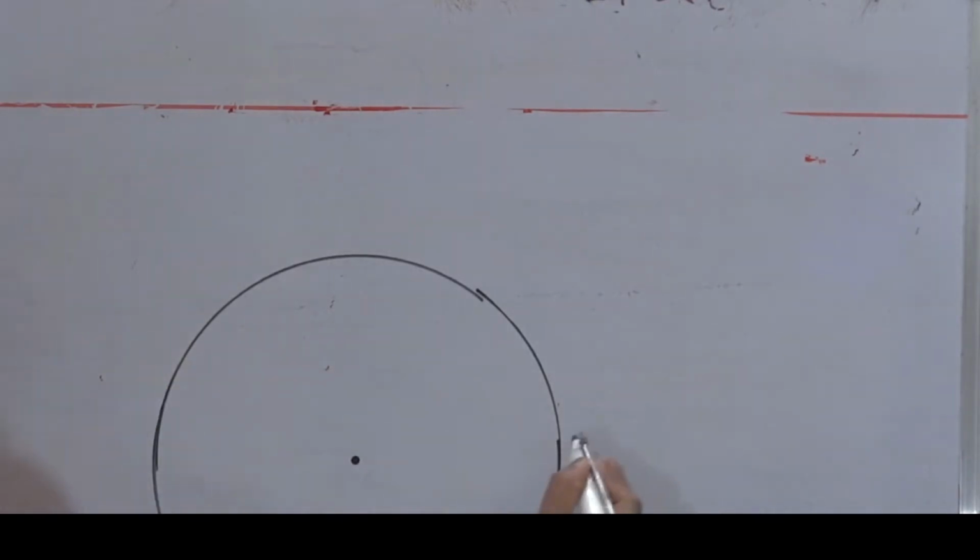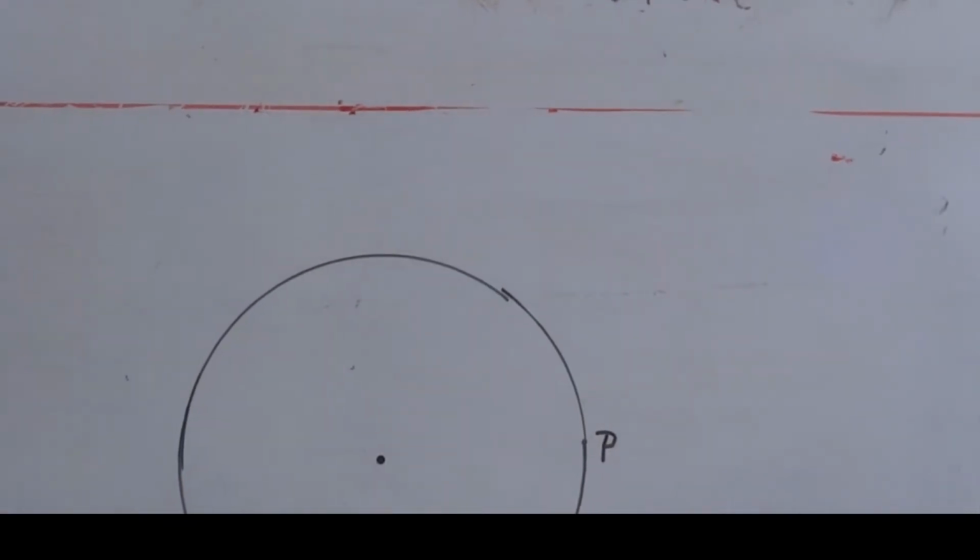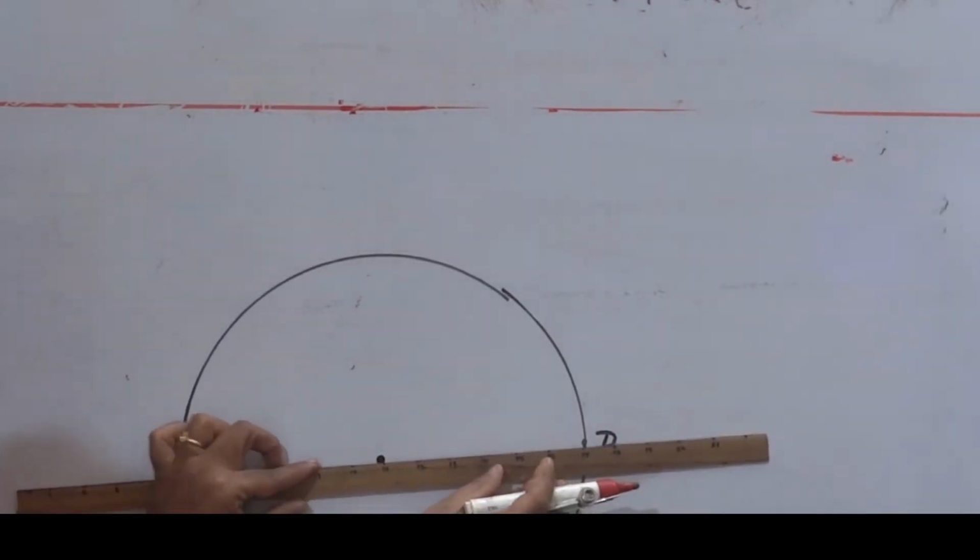Now mark any point P on the circumference. Now let me make a point P here. Now we have to draw a tangent at point P. For this, let us join the center to this point P.